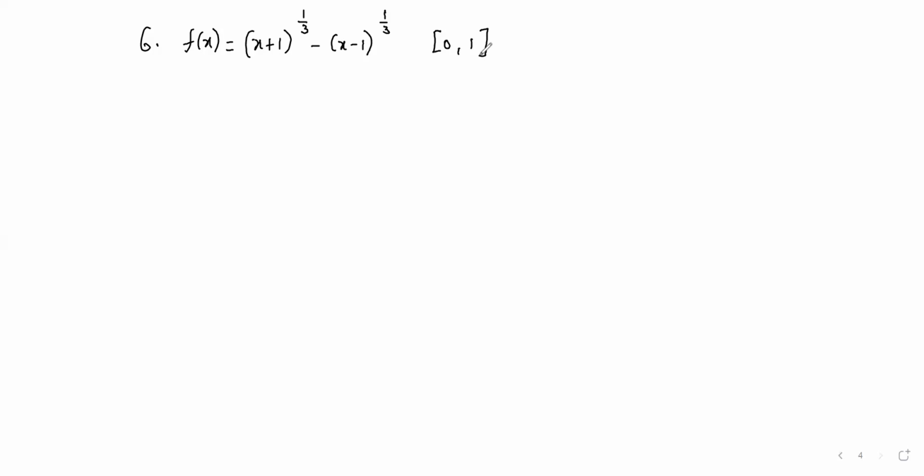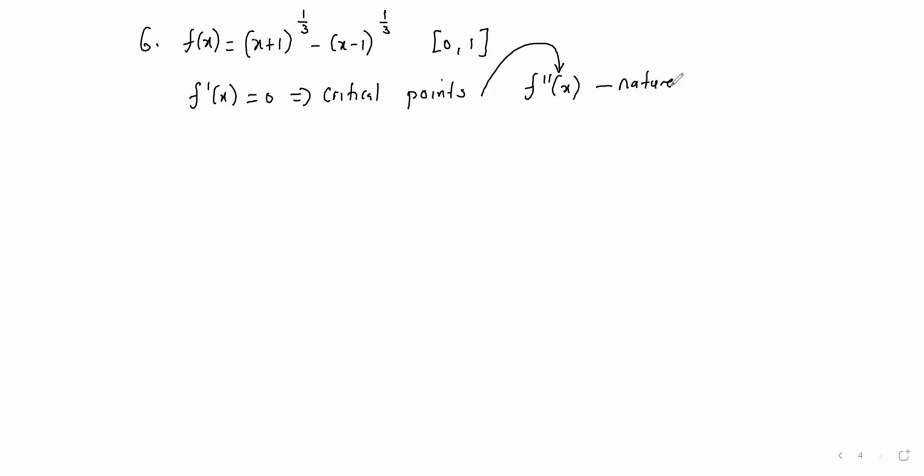You always find the first derivative and equate it to 0 to look for critical points. And then differentiate again and substitute those critical points to determine their nature. And then you will know which one gives you the maximum.